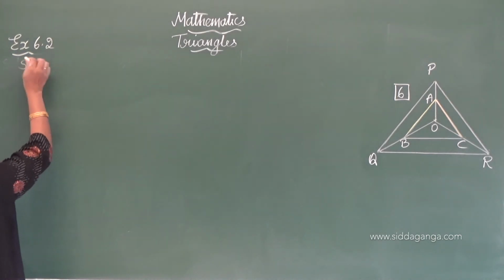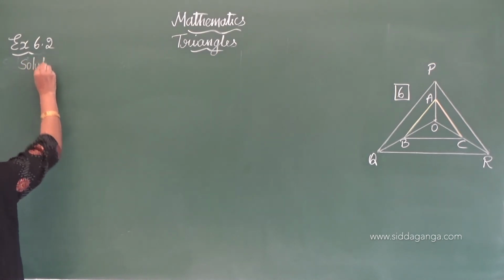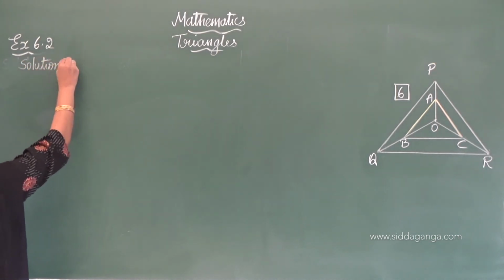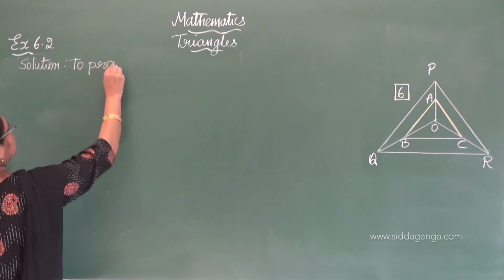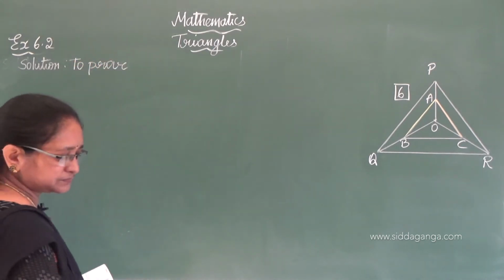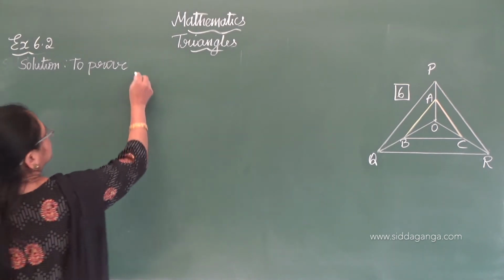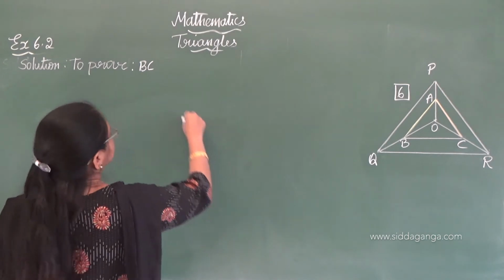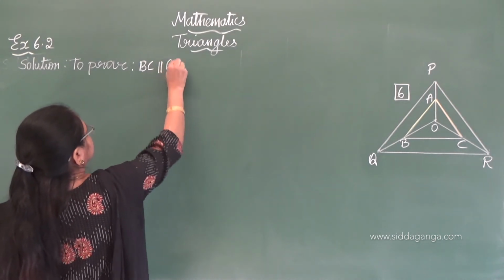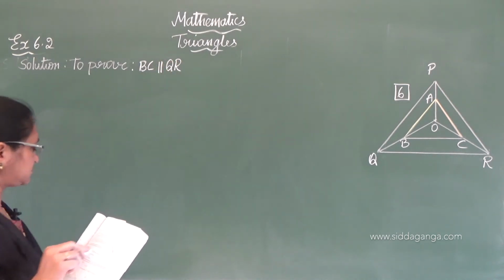Solution. To prove: BC is parallel to QR.